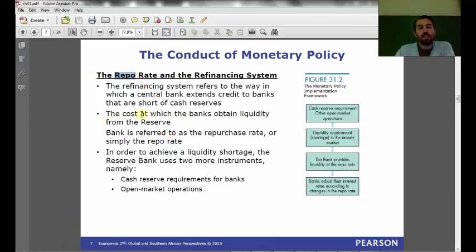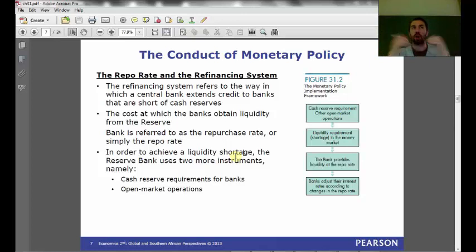It's the cost at which banks obtain liquidity. Obtaining liquidity means basically getting cash from the Reserve Bank. And it's referred to as the repurchase rate. In order to achieve a liquidity shortage, so if the Reserve Bank wants to basically get banks to increase their reserves, so impose a situation where there's a liquidity shortage, right?